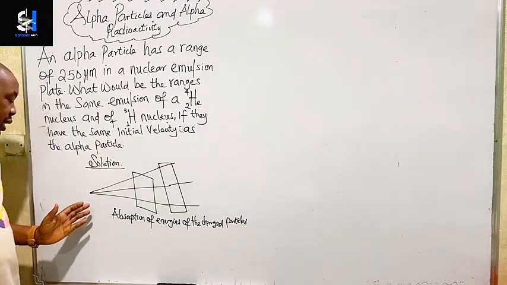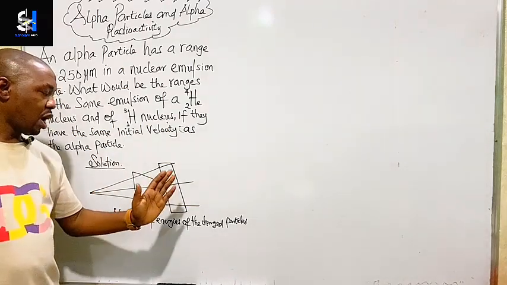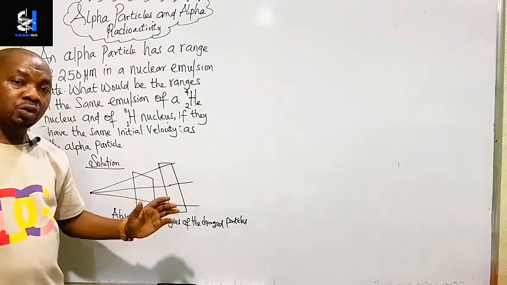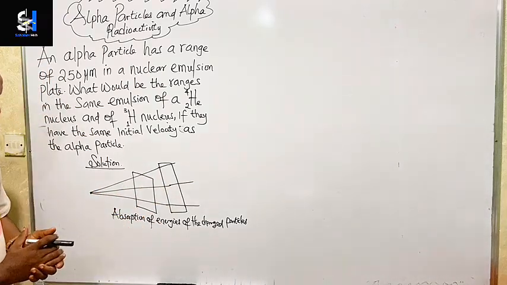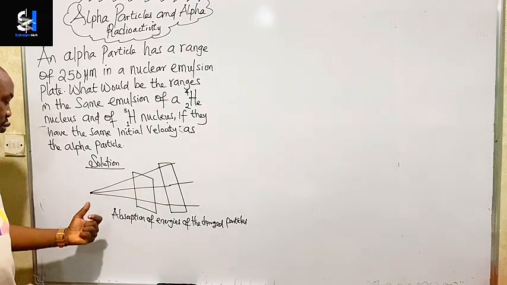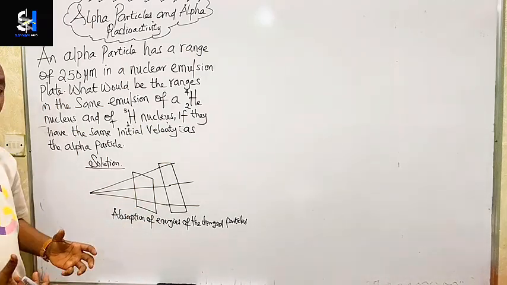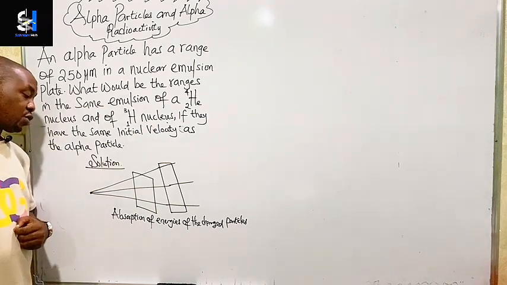Like I said, the radiation will travel through a medium, and when it does, the emulsion plate will absorb the energies possessed by the ionization of the alpha particle radiation.